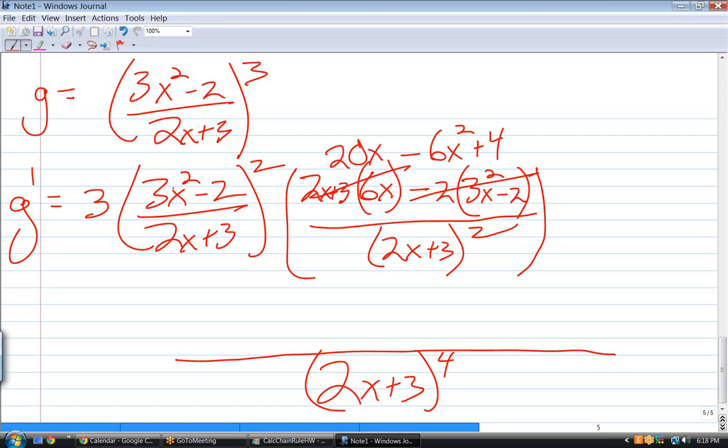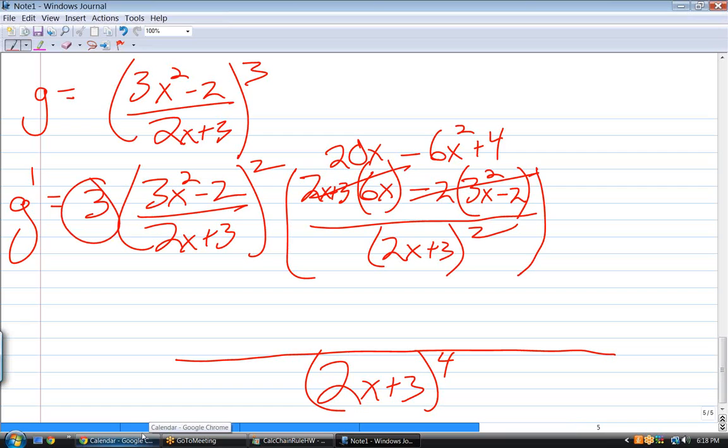Because after I FOIL that, I'm going to have some x to the 4ths, some x squareds, some numbers, and I'm going to have to multiply it by this trinomial. I'm going to have a 4 or 5 term polynomial. And I've got to multiply everything by 3.